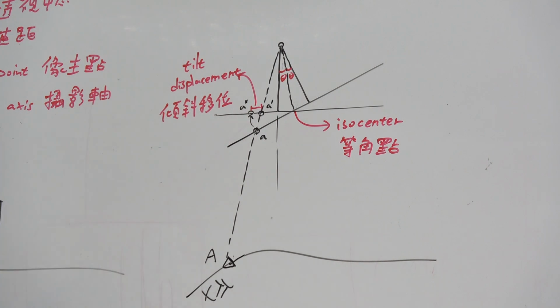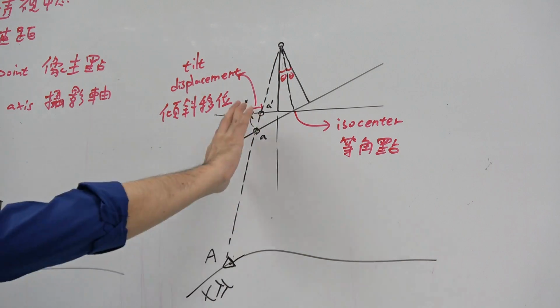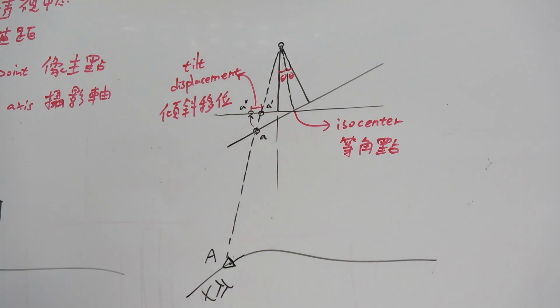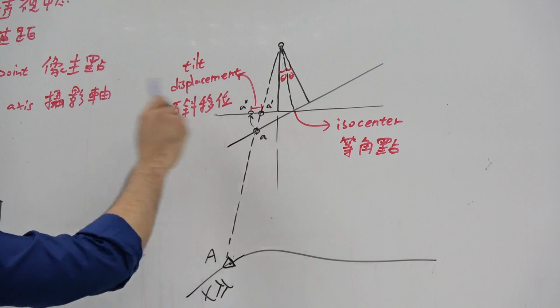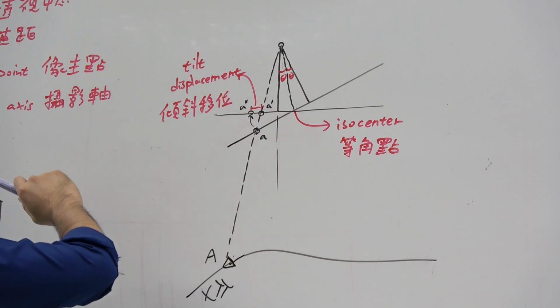The idea is that if you take a tilt photo but want a vertical photo, because a vertical photo is better to overlap with other data, for example GIS data as a map, you couldn't directly just rotate the tilt photo to the vertical photo, because there still is some tilt displacement.